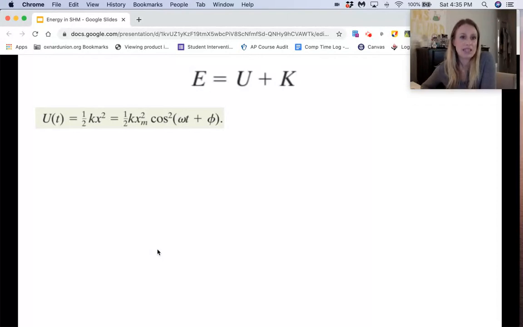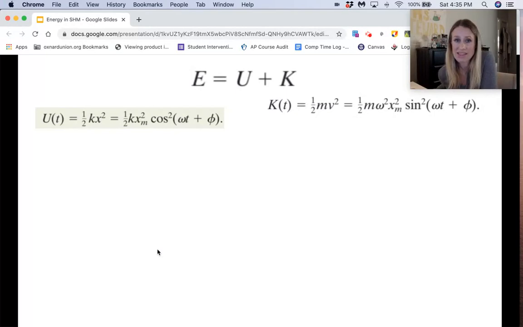Now what happens here is we plugged that in for our position and then had to square everything because of course it's position x squared in the potential energy equation. So we squared all that. We then did the same thing for kinetic energy, but instead of position, of course, we have velocity because it's 1/2 mv squared.